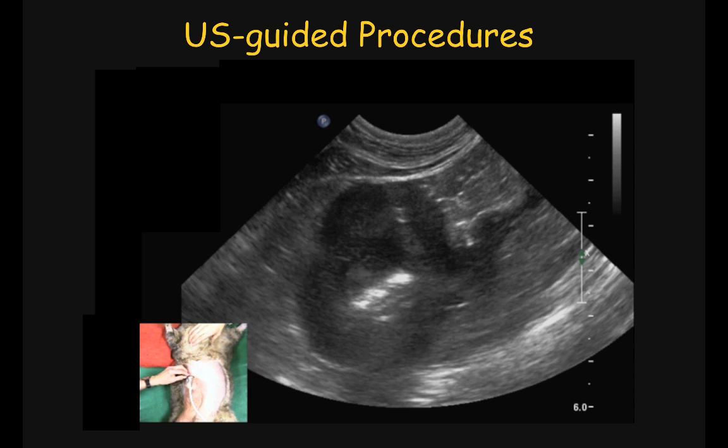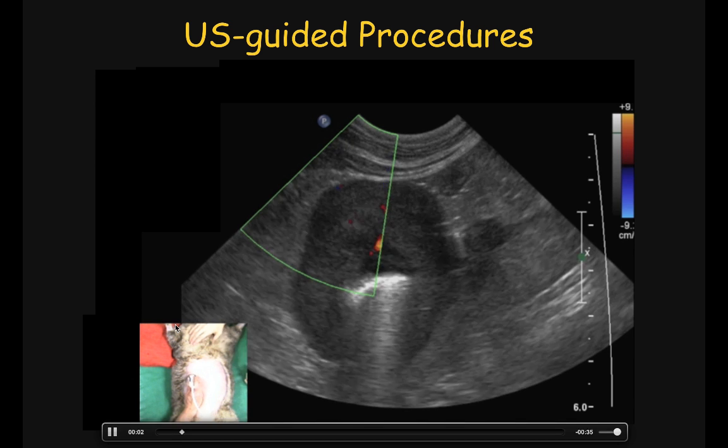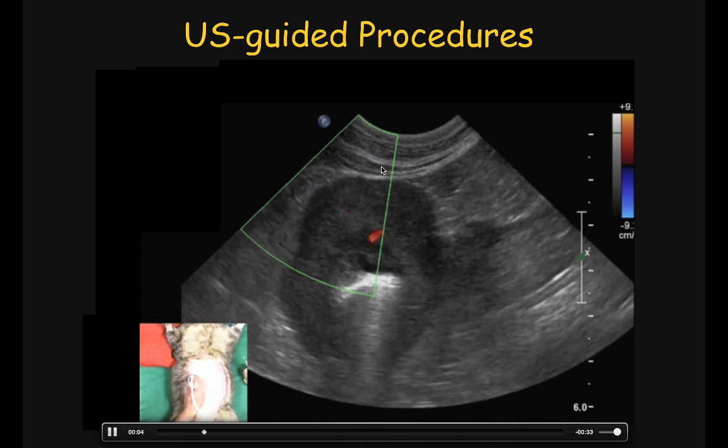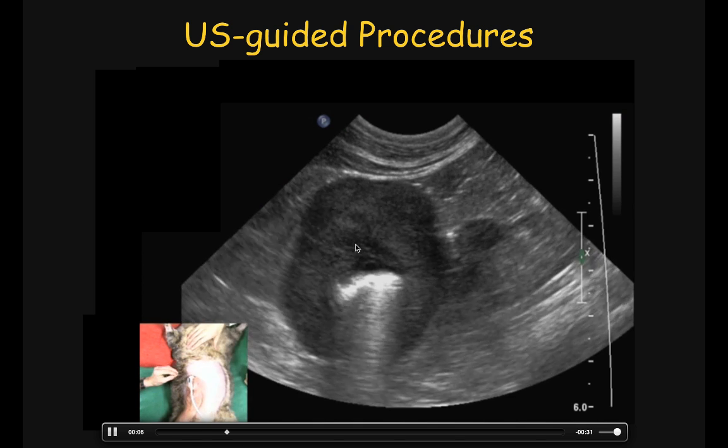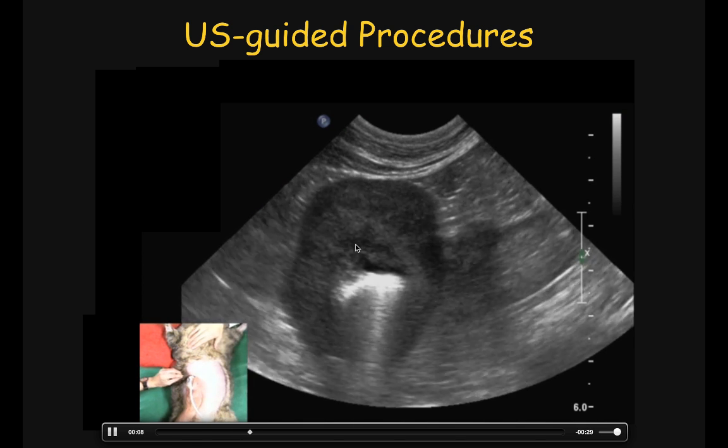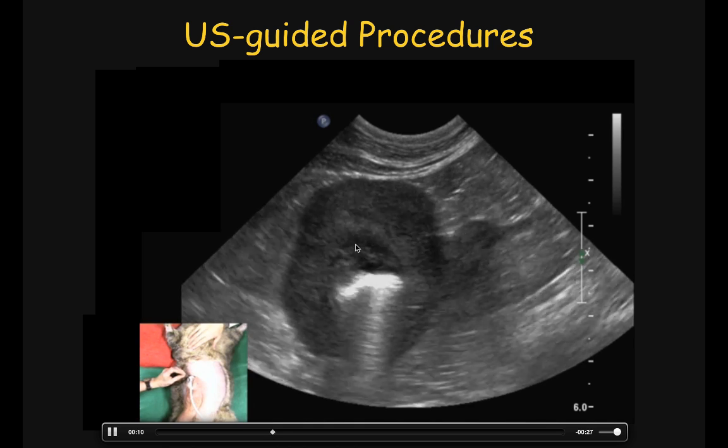We'll see an example of this procedure, a fine needle aspirate in a cat. Notice the position of the probe and the needle in the left hand. As we go, we first use color flow to make sure we don't see any near field vessel that could compromise the procedure.